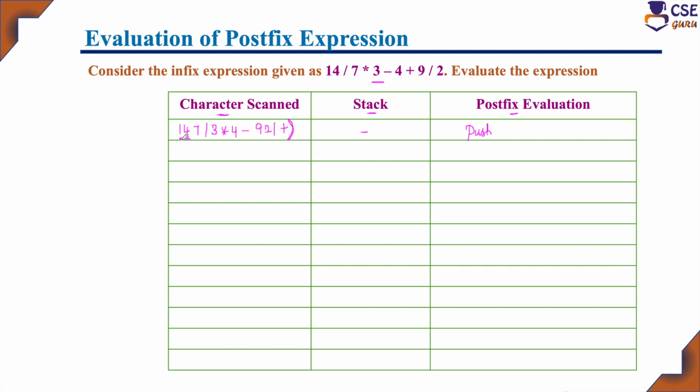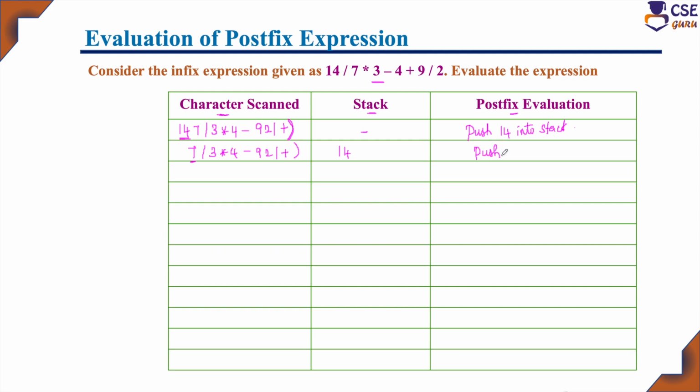So the first element here is 14. 14 is an operand. So push 14 into the stack. Now you have to place 14 into the stack. And the remaining elements are 7 division 3 star 4 minus 9 2 division plus closed parenthesis. The next element here is 7.